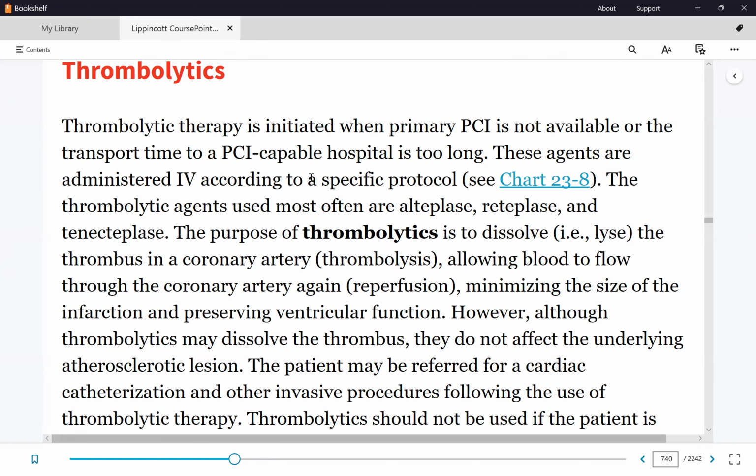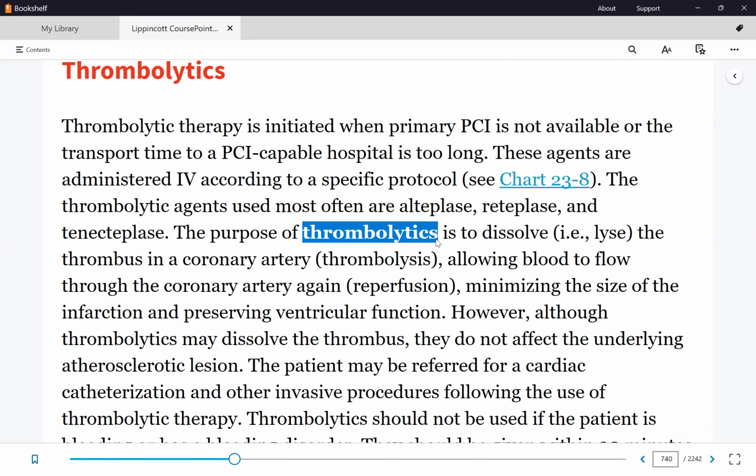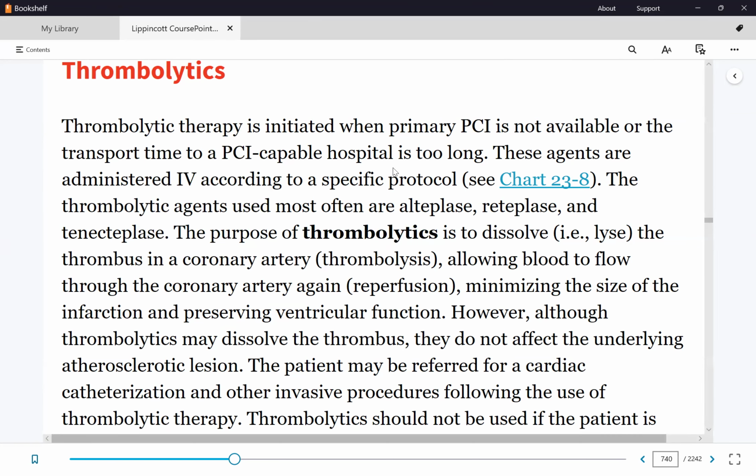If again, the patient ended up in a non-cardiac cath capable facility, you will be given thrombolytics. We'll talk more about thrombolytics under stroke because we hardly get MI patients who receive thrombolytics. And again, it's not the gold standard. This is only for a non-cardiac cath facility, and there's really not much here.